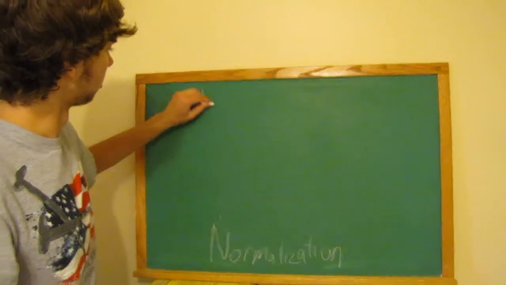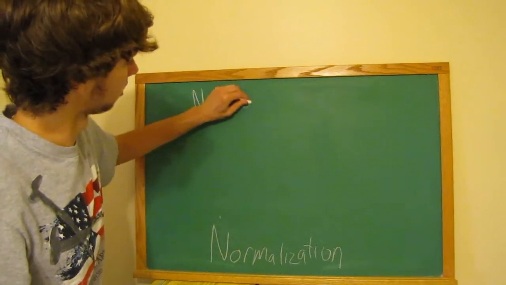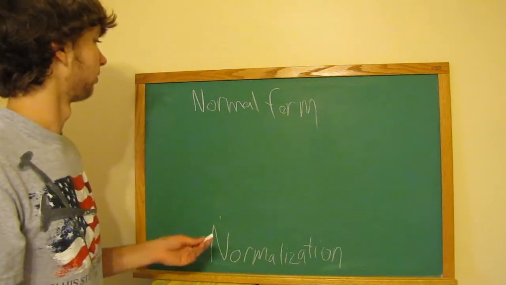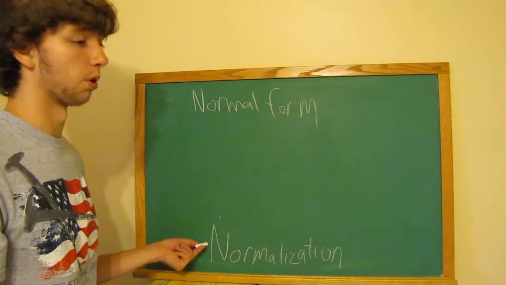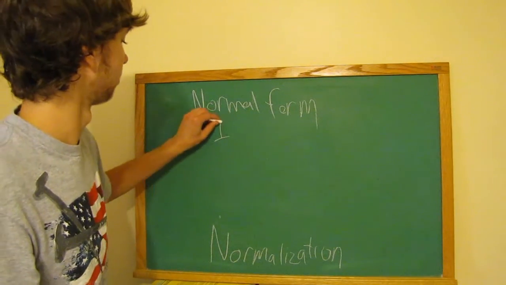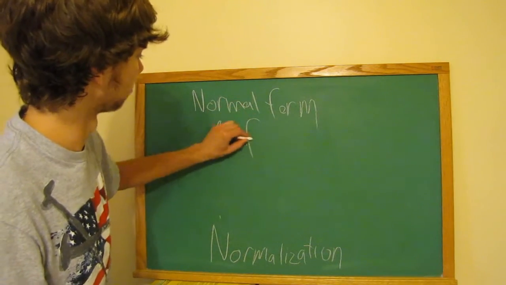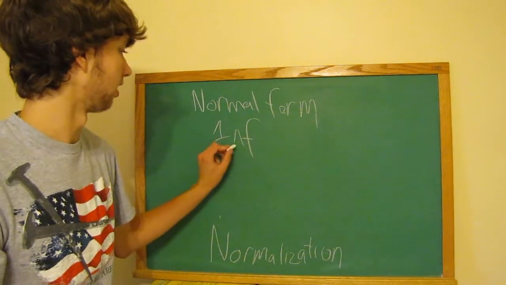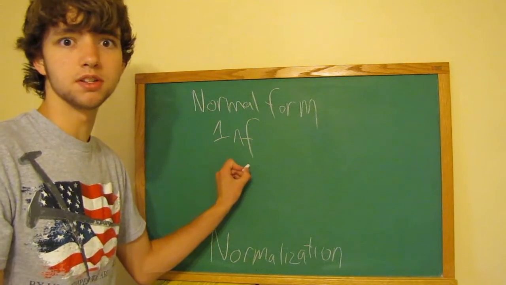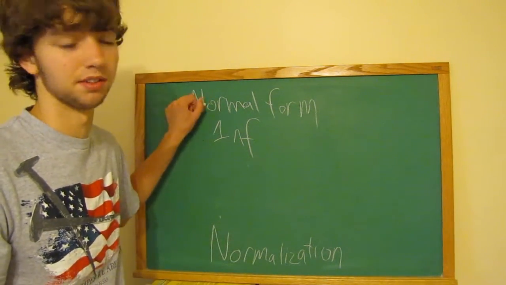So a normal form, those are the forms of normalization. There is the first normal form, 1NF. The NF means normal form. So if you see this and you're like, what does this mean? It means this.